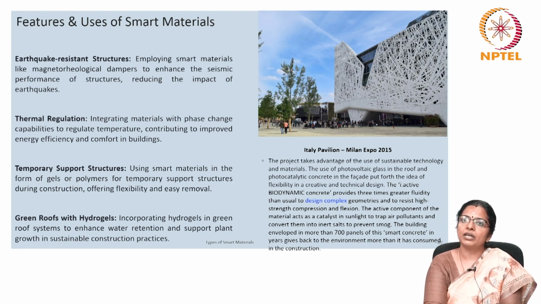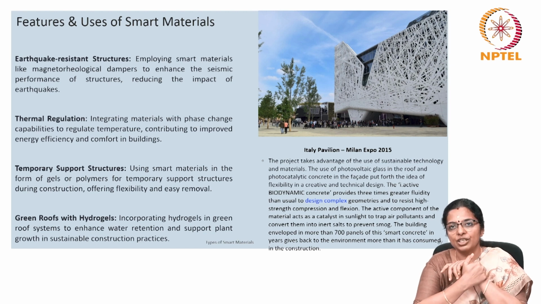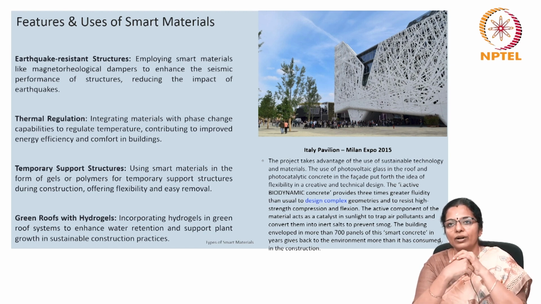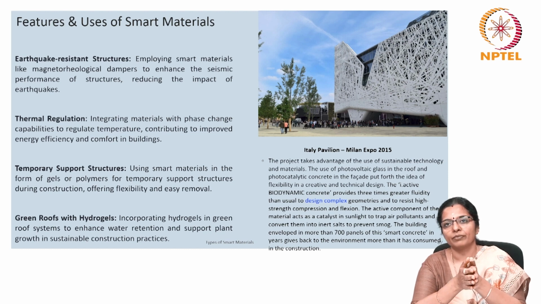Then there are thermal regulations, integrating materials with phase change capabilities to regulate temperature, contributing to improved energy efficiency and comfort in buildings. Temporary support structures: using smart materials in the form of gels or polymers for temporary support structures during construction, offering flexibility and easy removal.